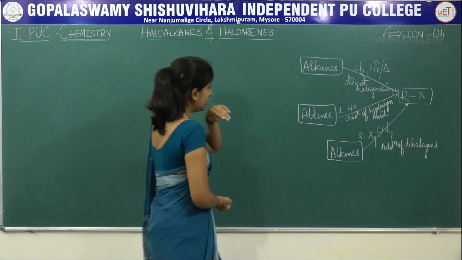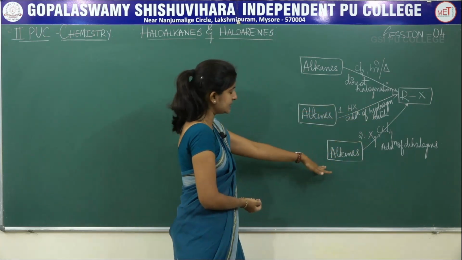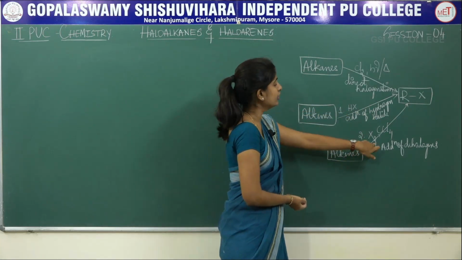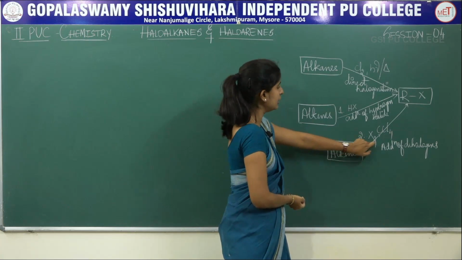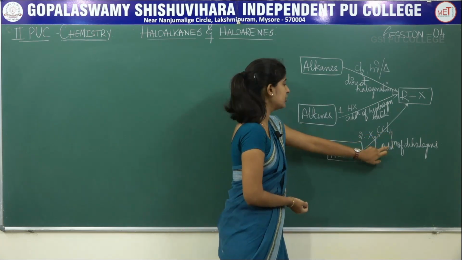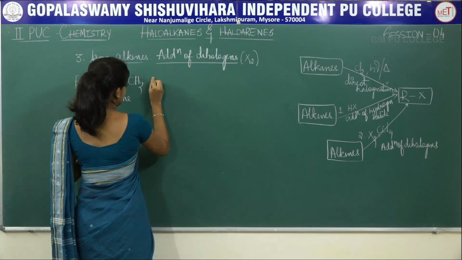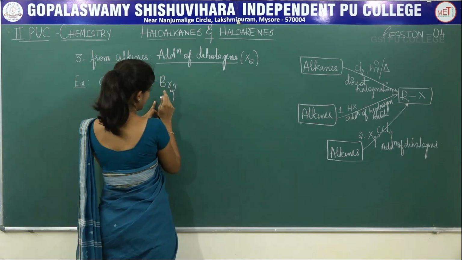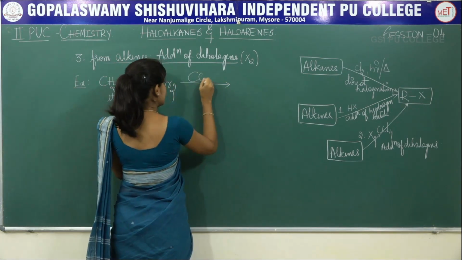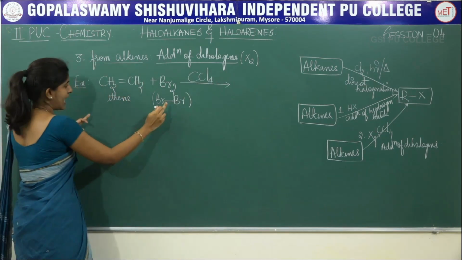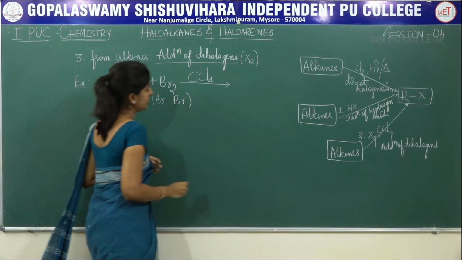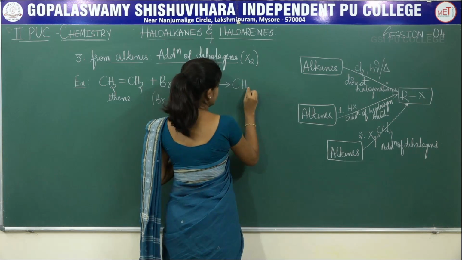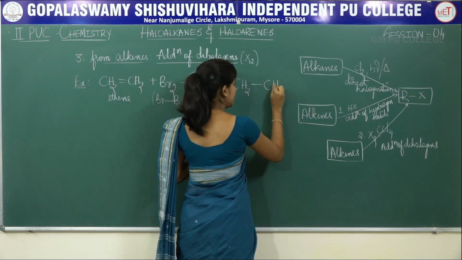So the last method of preparation of haloalkanes from alkenes, that is from hydrocarbon, is addition of your halogen, dihalogen, in the presence of CCl4. Say for example, ethene plus bromine, that is your dihalogen, in the presence of CCl4. This adds across your carbon-carbon double bond to get CH2, single bond, CH2.